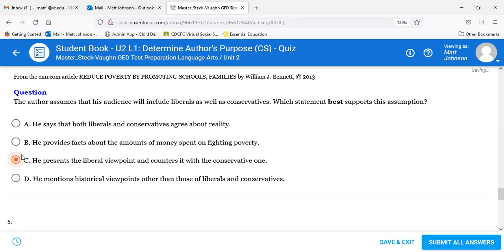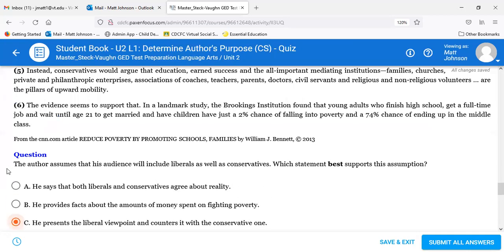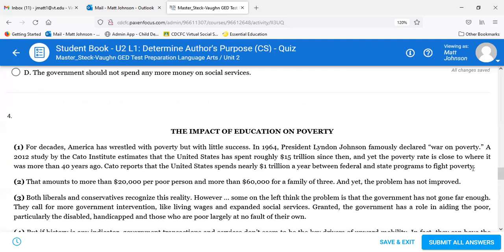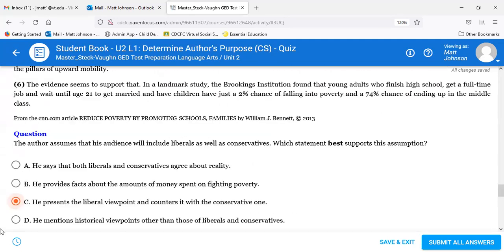C, he presents the liberal viewpoint and counters it with conservative ones. So this idea that in 1964, the war on poverty, he's pointing that out as liberal policies. So to some degree, it helps to understand when we're talking about certain presidencies. LBJ, Lyndon Johnson, was a Democrat and a much more liberal president, which typically meant more federal spending, more emphasis on social issues, and an expanded role of federal government.